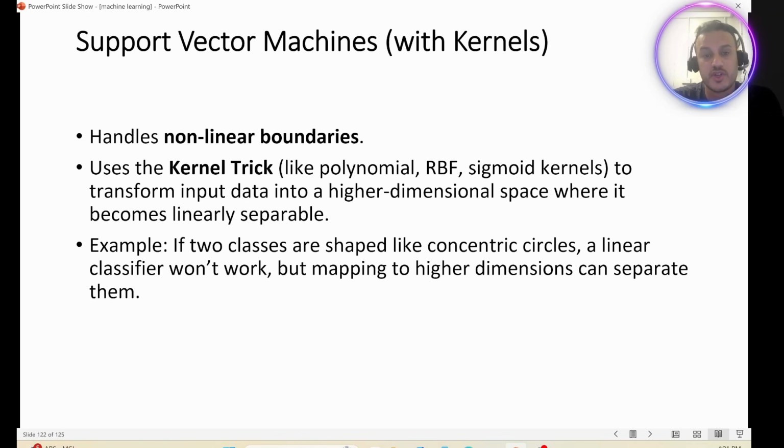It uses the kernel trick, like polynomial, RBF, and sigmoid kernels, to transform input data into a higher dimensional space where it becomes linearly separable. If two classes are shaped like concentric circles, a linear classifier won't work, so we use non-linear boundaries.